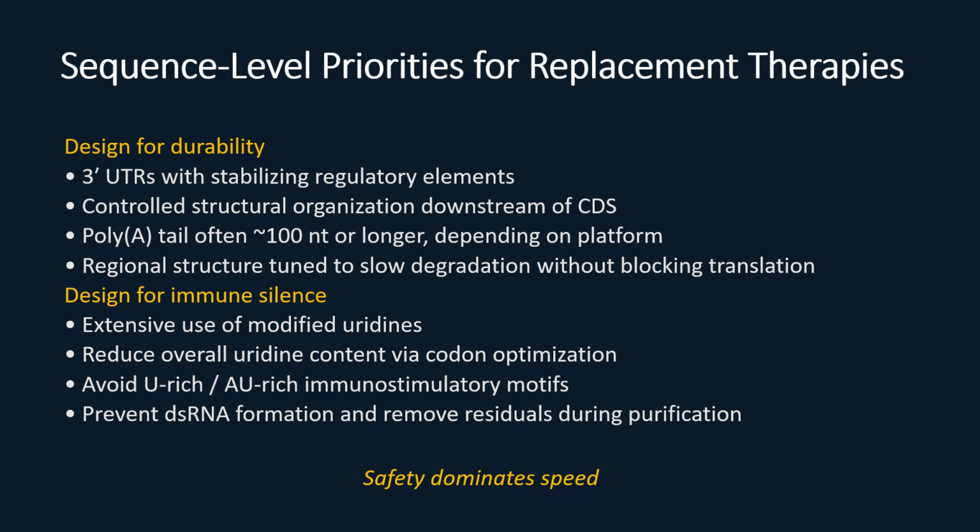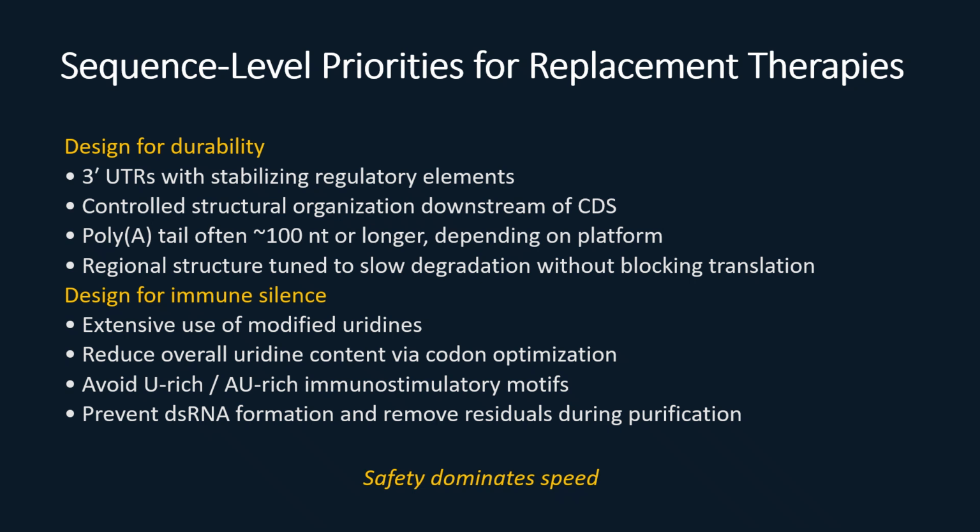Now, immune silence becomes a hard constraint. Unlike vaccines, innate activation is not helpful here. It directly reduces expression and limits repeat dosing. So, uridine content gets managed. Some of that is sequence level, that is, removing U-rich motifs.